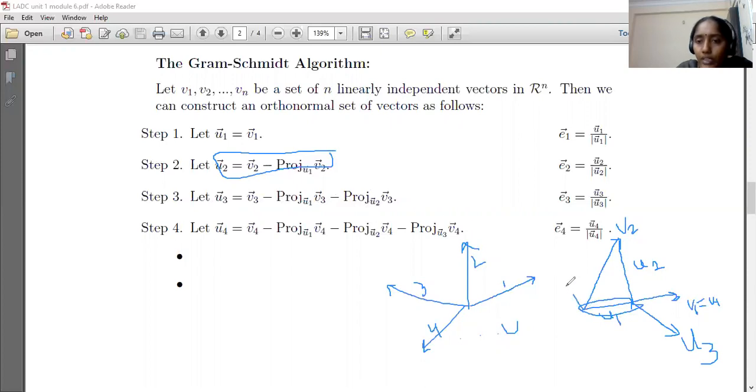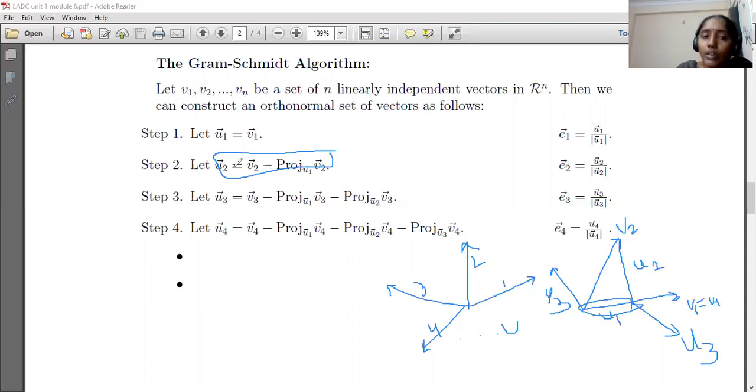But I want to find U3 which is perpendicular to U1 and U2. For that, U3 is equal to V3 minus the projection of V3 on U1 minus the projection of V3 on U2. Using this formula, we can find U3 and so on up to Un.